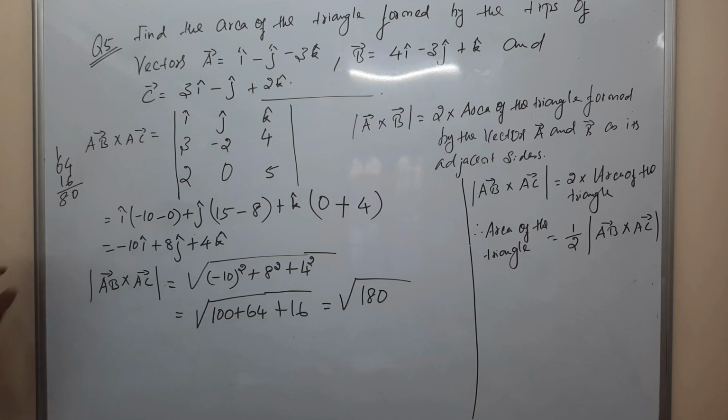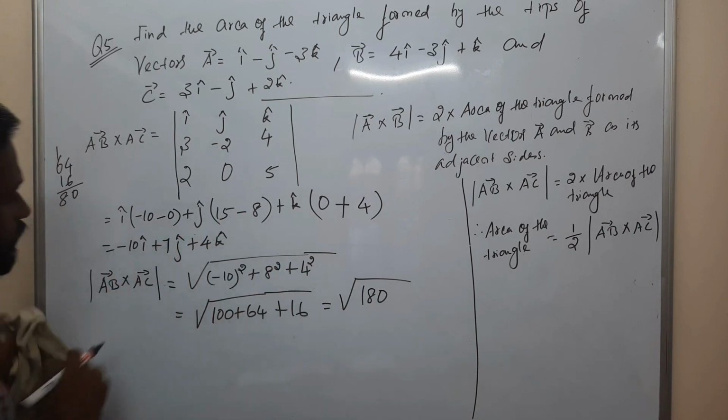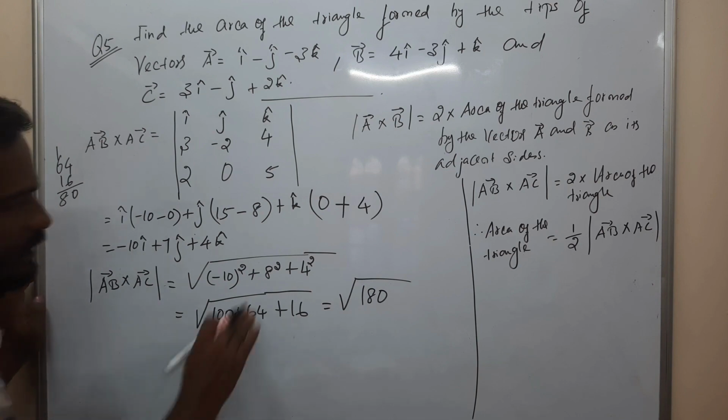Sorry, here 15 minus 8, that is 7. Okay, 7 j vector. So 7 square.